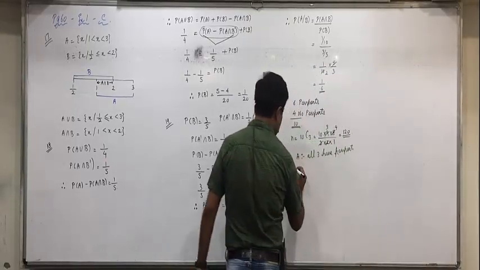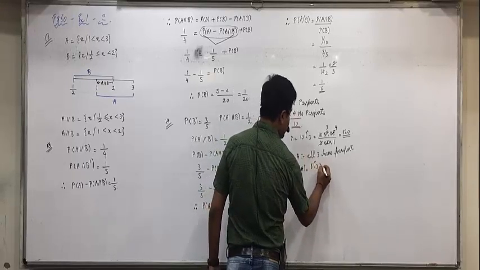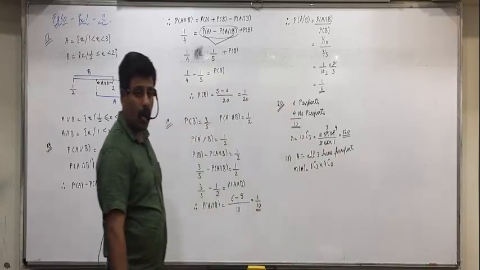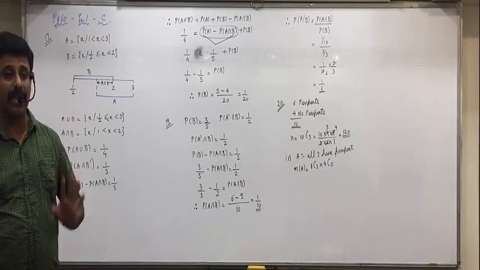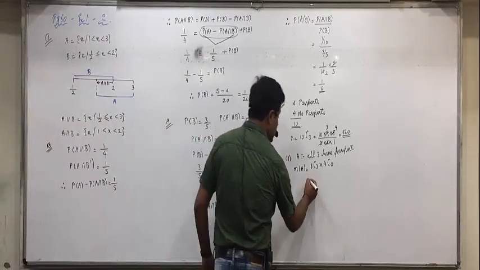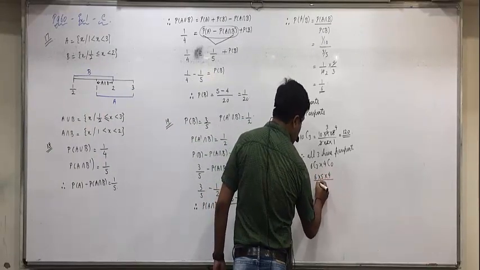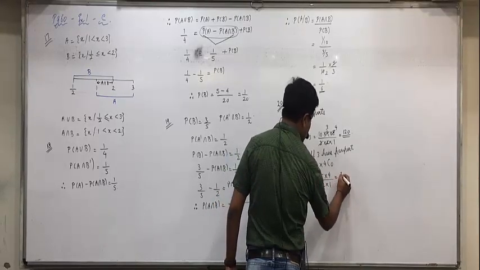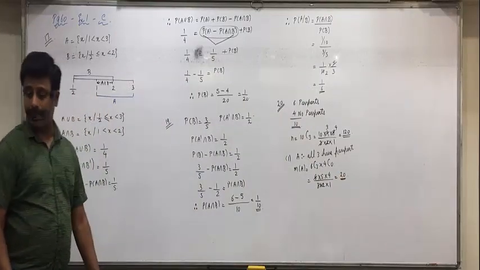All the 3 have passports: 6C3 into 4C0. All the 3 have passports means 6C3 and there is no one without the passports, so 4C0. 6C3, 6 into 5 into 4 upon 3 into 2 into 1. 3 into 2, 6 gets cancelled, so 5 into 4 is 20.